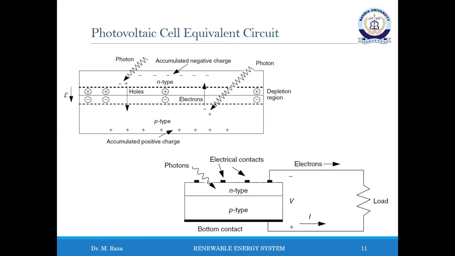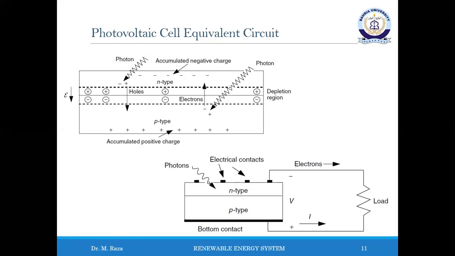If electrical contacts are attached to the top and bottom of the cell, electrons will flow out of the N side into the connecting wire, through the load and back to the P side, as shown in the bottom diagram. Since wire cannot conduct holes, it is only the electrons that actually move around the circuit.